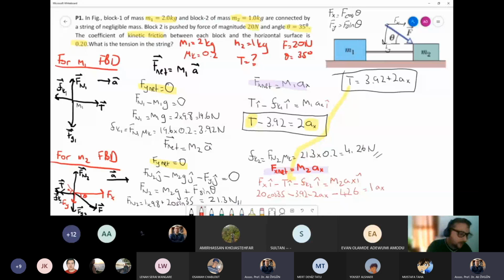Using the calculator, 20 times cosine 35 minus 3.92 minus 4.26, we found that 8.20 equals 3 ax. From here, ax is equal to 2.73.